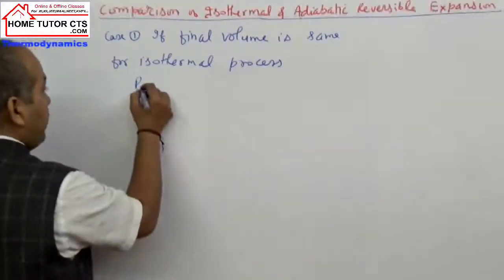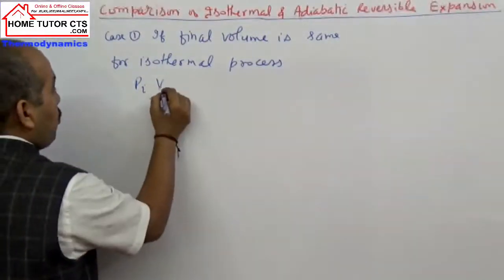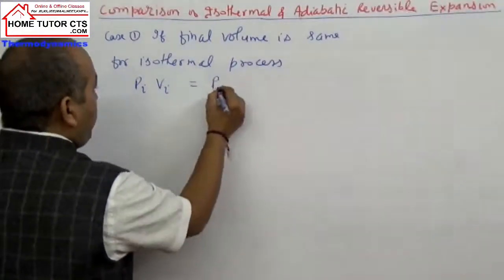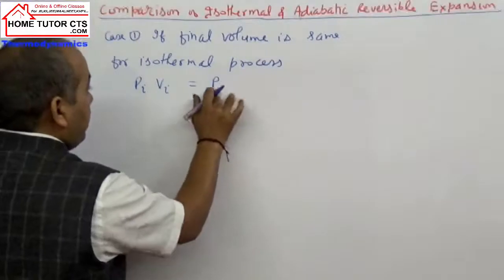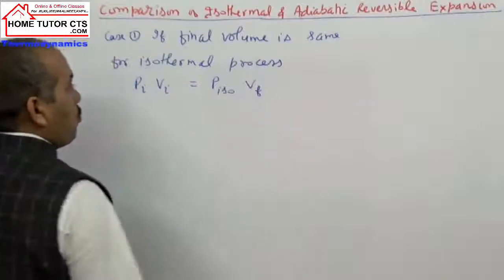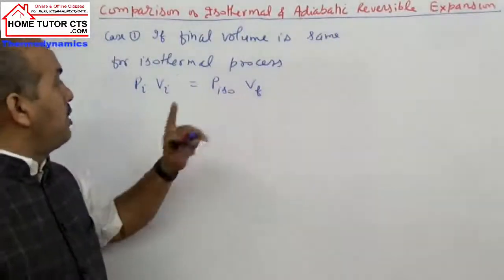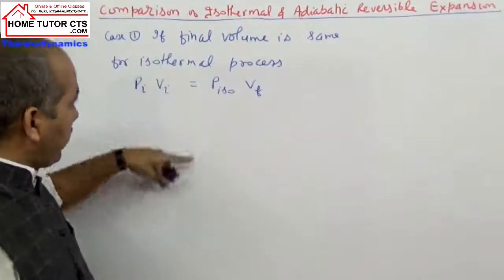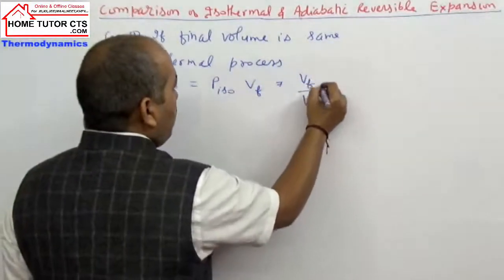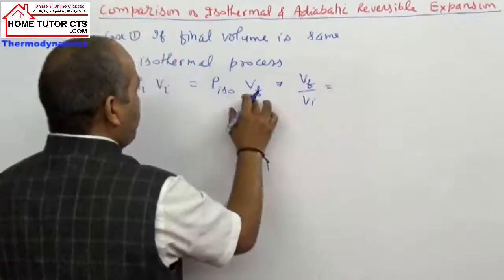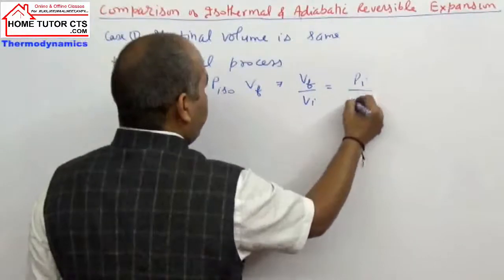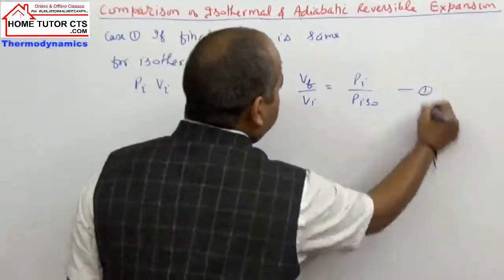I am writing P1 as P initial, V1 as V initial, and P final as P iso, and volume final V F. Final volume is the same in both cases. So from here, when we take the ratio of volume final by volume initial, it is P initial by P isothermal. I am writing this as expression number 1.